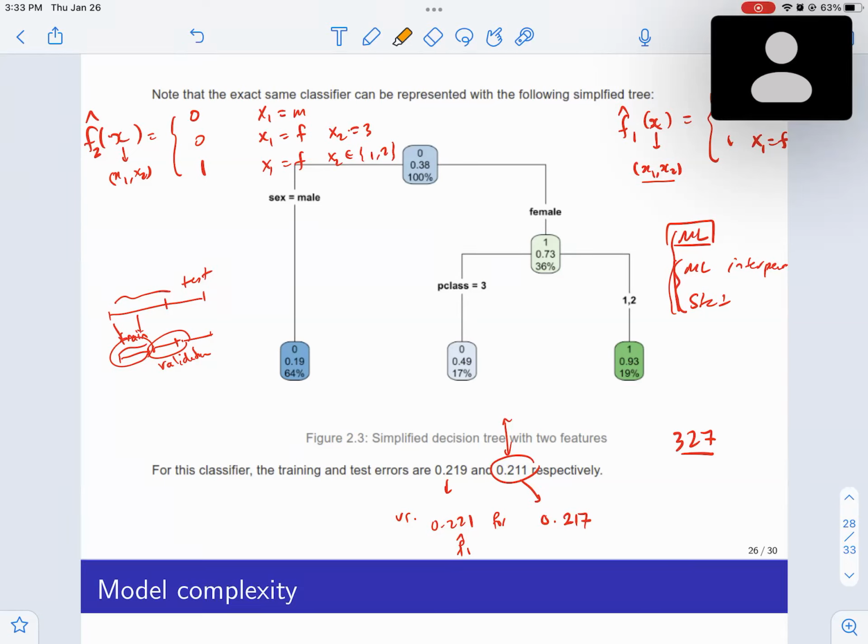And then the question was whether we want to go with this or not, right? So do we want to use this more complex classifier or not?